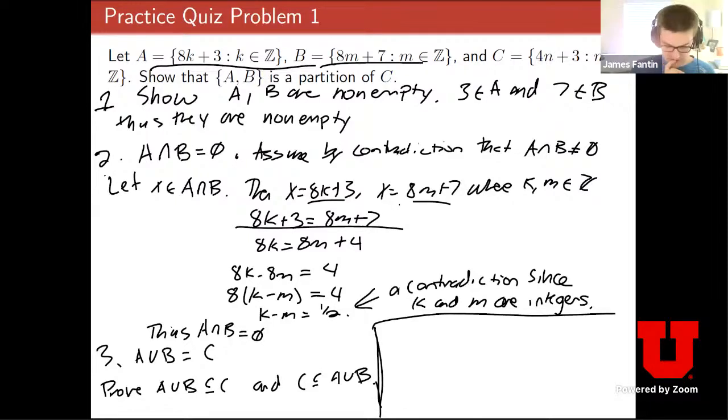Actually, I'm not sure we could use a division theorem here. It would be a little bit complicated because we're not partitioning a set of integers.